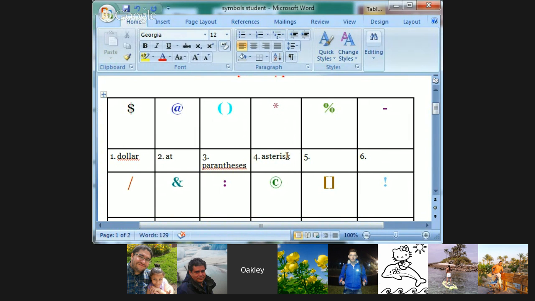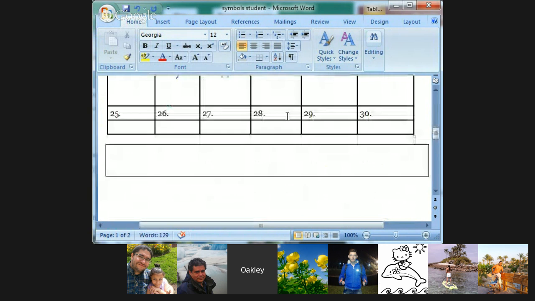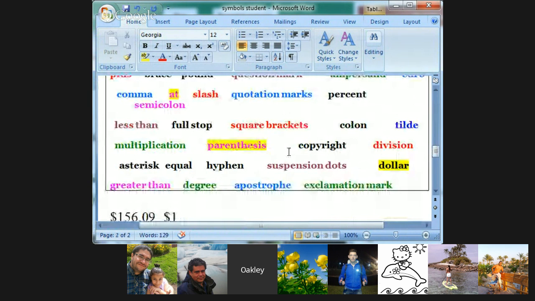Everybody mispronounces it and puts the K before the S. I mean, native speakers do. 99% of native speakers say it the way you did, asterisk, but it's actually asterisk. Okay, very good. It is an asterisk.